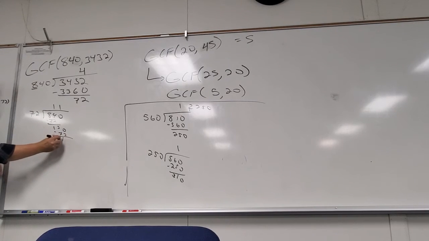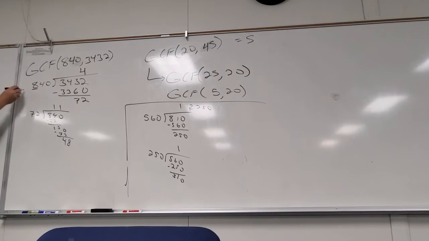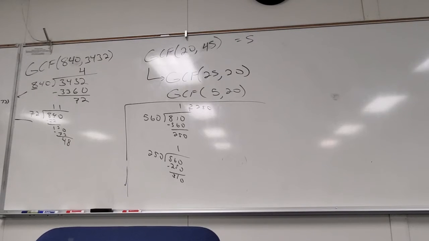With 48. Okay. So now what would you have, Jeff? You would have 48, comma 72. So now I divide 48 into 72.